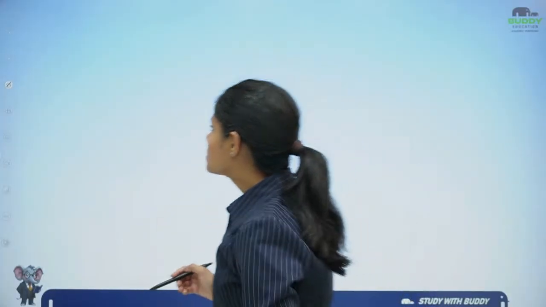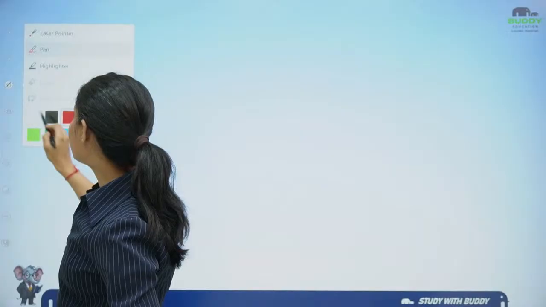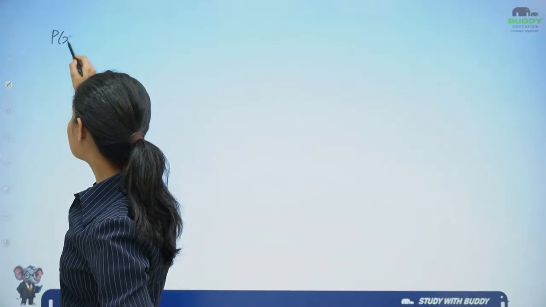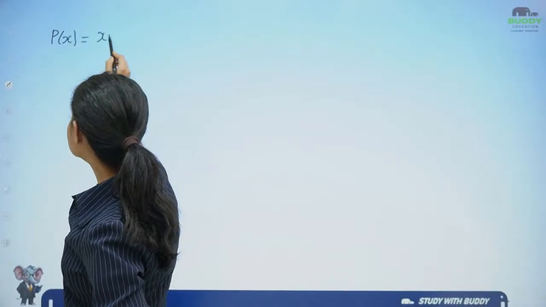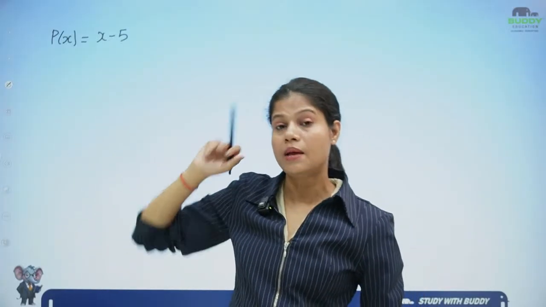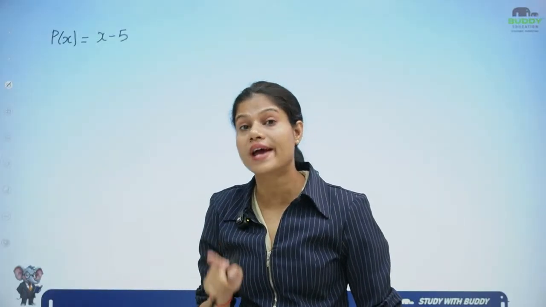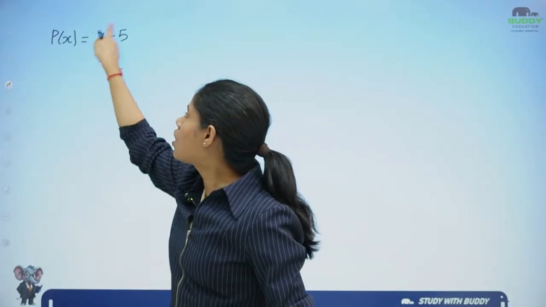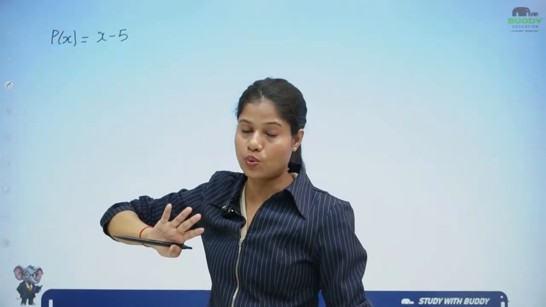If I say go and find the zeros of this polynomial, you have to give me that value of x which will give you the whole output as 0. Suppose I have p(x) like x minus 5, and now I want to find the 0 of this polynomial. It means I want that value of x which will make the whole output 0, right?